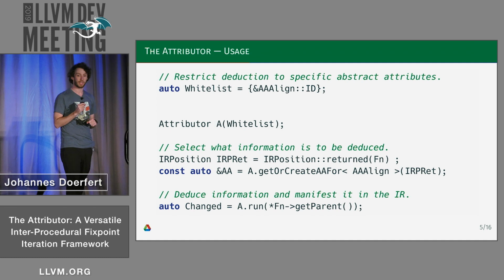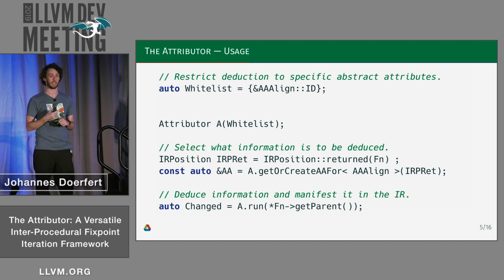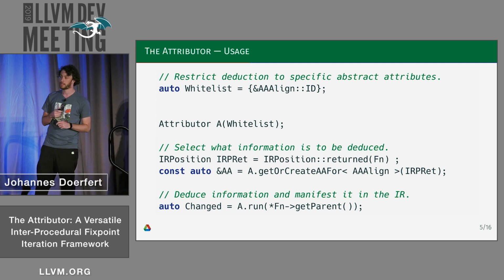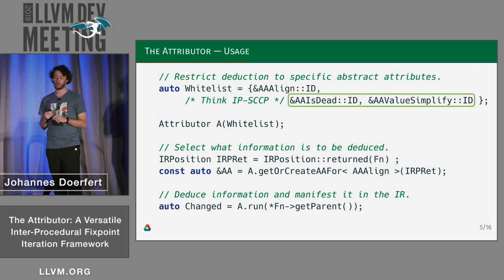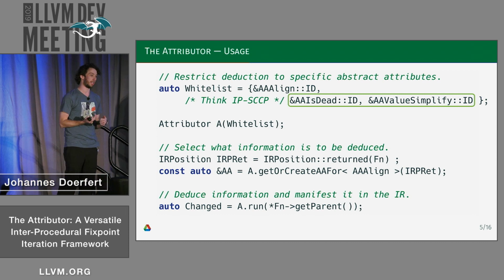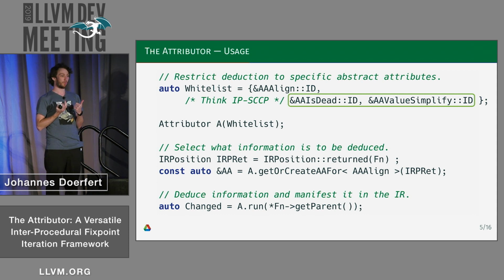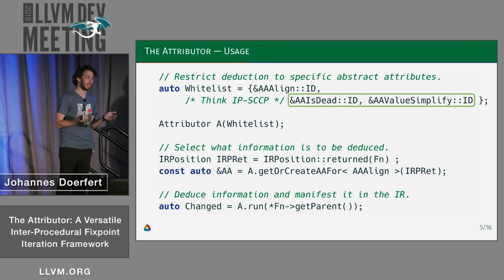That is how you get what I've shown in the example, where only alignment was used to do any kind of reasoning. Because what is happening by default right now is that liveness tracking and value simplification are allowed. Think sparse interprocedural constant propagation. So you pretend everything is dead initially.